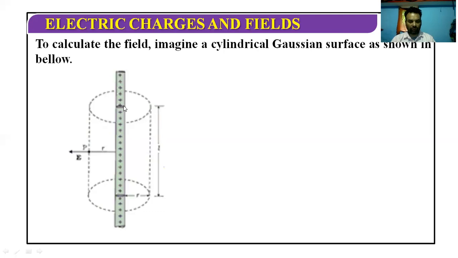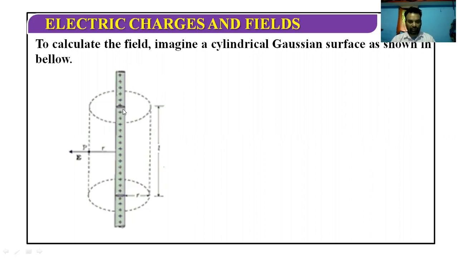Means जो रोड के ऊपर हमने ये L length का जो segment choose किया, that segment must be fully enclosed, that must be fully encapsulated by the Gaussian surface, ताकि पूरा का पूरा चार्ज Gaussian surface के अंदर enclosed हो जाए, पूरा चार्ज enclosed हो जाए. So जो बाहर चार्ज है, अब वो हमारे किसी काम का नहीं है. जो जितना भी चार्ज Gaussian surface से बाहर है, we will just ignore that charge, and our focus is on the charge which is enclosed within the Gaussian surface.